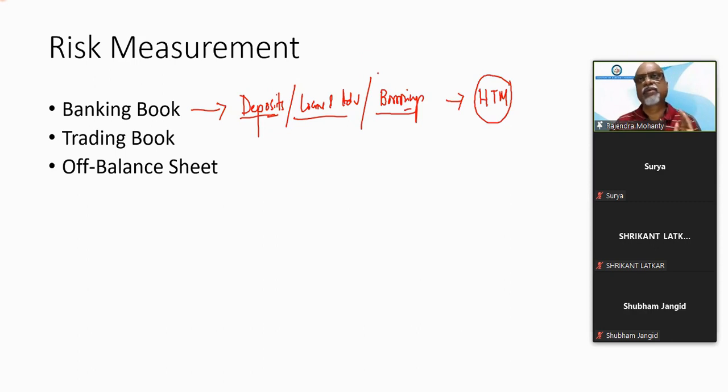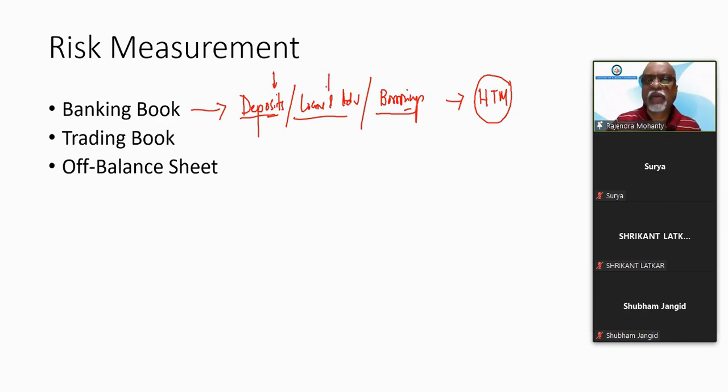Sometimes deposits are also taken as premature payment, but for 1 day or 2 days or 5 days or 1 month or 6 months, they stay with the bank. So there is a definite period we know. Basically, we know that deposits will be staying with us.